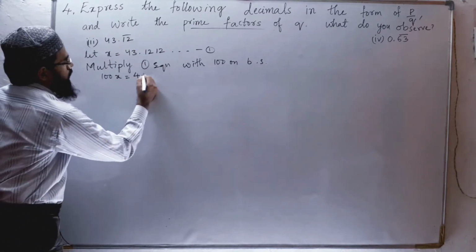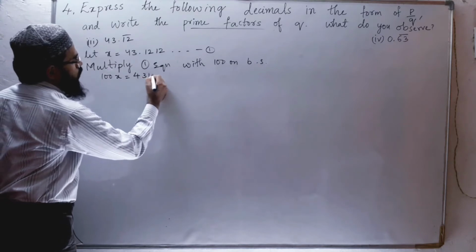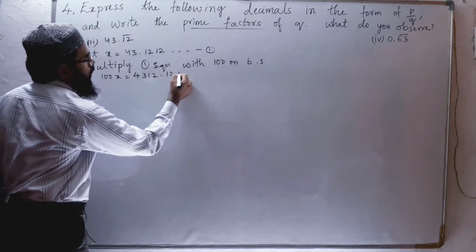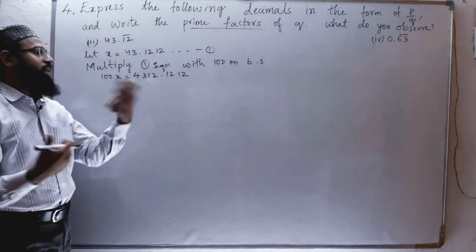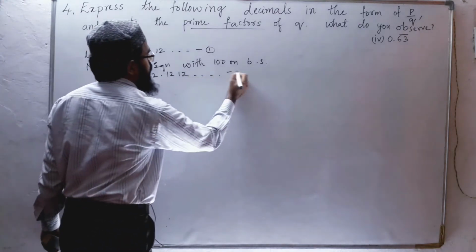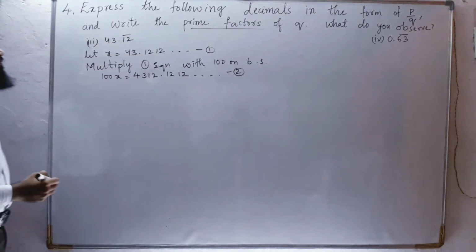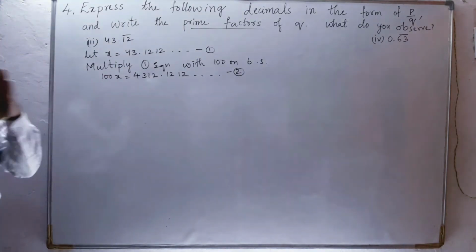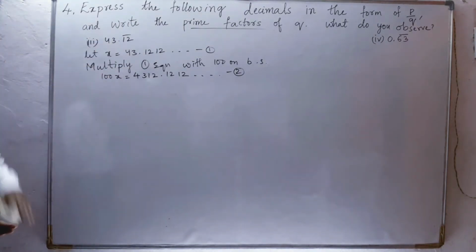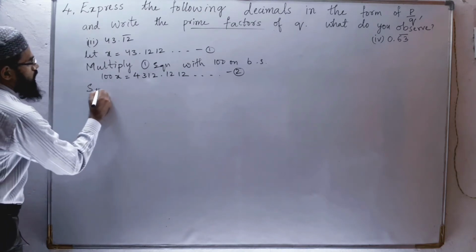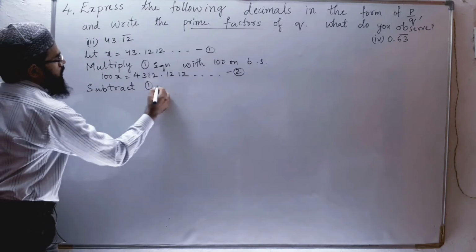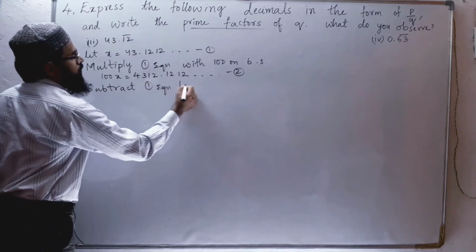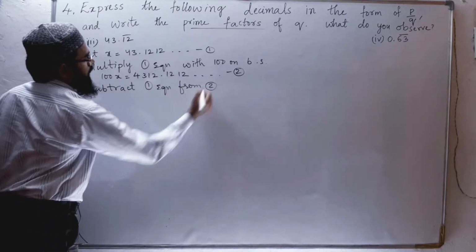So 4312.12, and we can take as many digits as we want. So it goes on. This is the second equation. Next, we will subtract the first equation from the second.